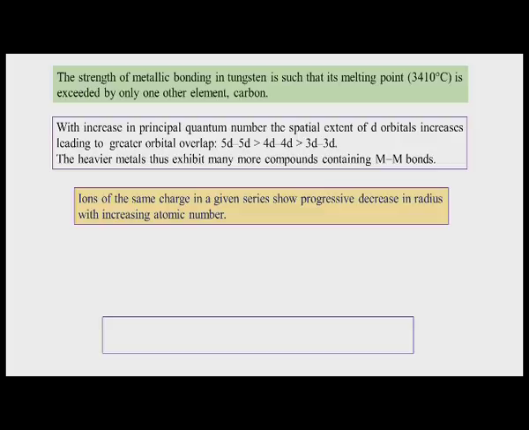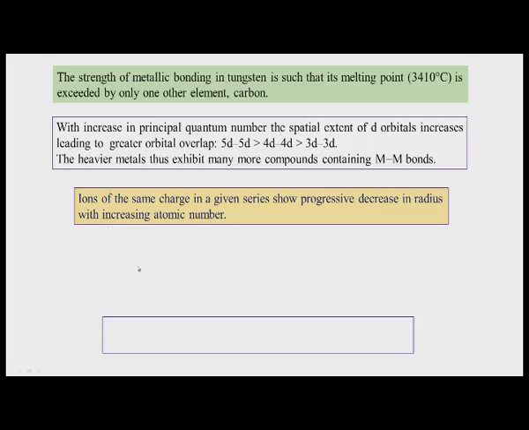If the size is also not changing much, what is happening? The nuclear charge is changing, because the atomic number is changing from scandium to copper. Increasing atomic number gives a higher positive nuclear charge, which will attract the electron density or the electrons in the different orbitals.